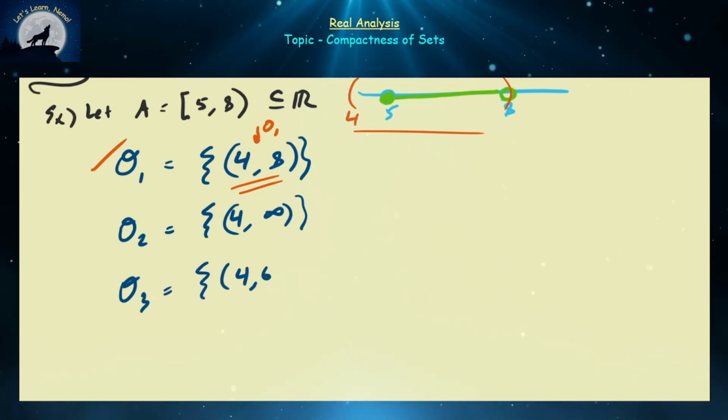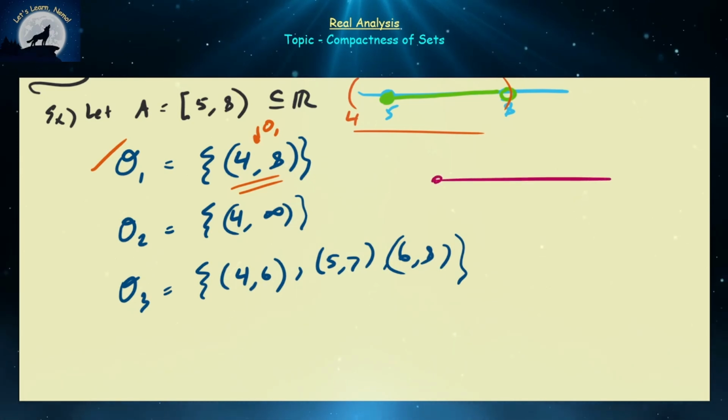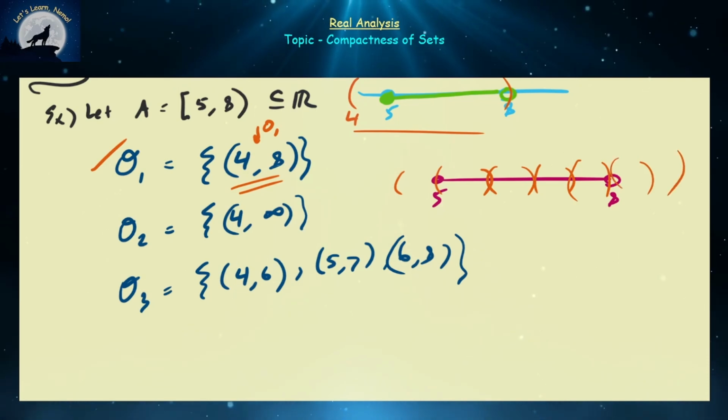Let's be a little bit more fancy with it. Let's go (4, 6), (5, 7), and (6, 8). So what exactly are we doing here? We have our 5 to 8 region, and we're going to take an open interval here, and then an open interval there, and that, and that, and so on.